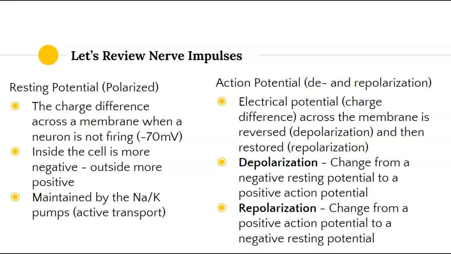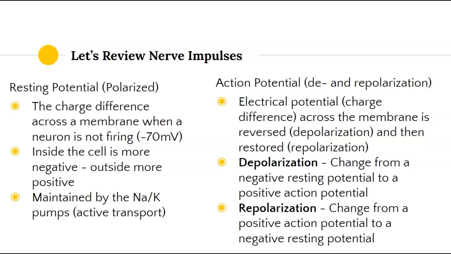Inside the cell is more negative than outside, and it's maintained by a sodium-potassium pump. This is just a number you need to know, negative 70, that's resting potential. It needs to rise above a number, which I'll show you in a minute, to hit action potential.